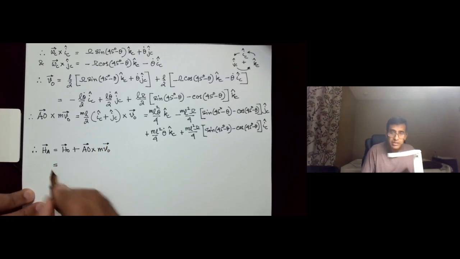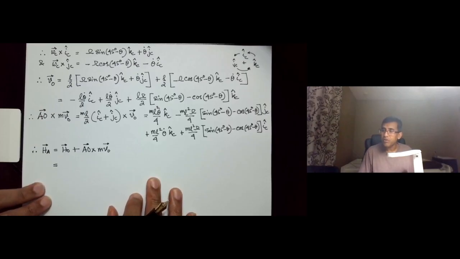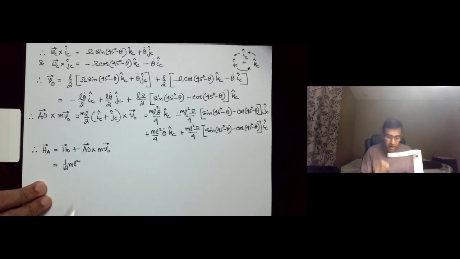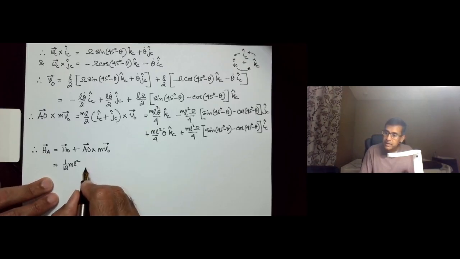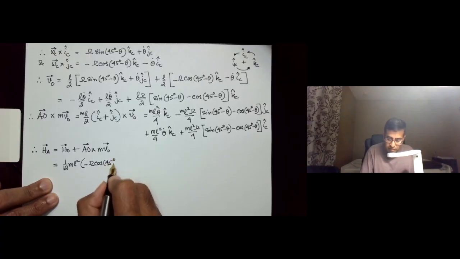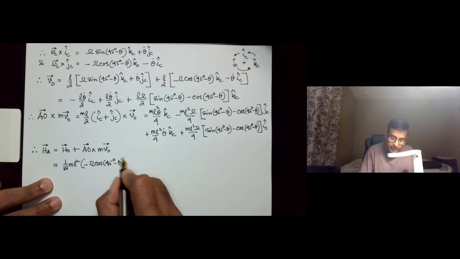So we put together the expression for HO, and that is IX omega X IC, so that is 1/12 ml squared, the moment of inertia in X direction, times the angular velocity in X. The angular velocity in X is negative omega cosine of 45 degrees minus theta, in the IC direction.